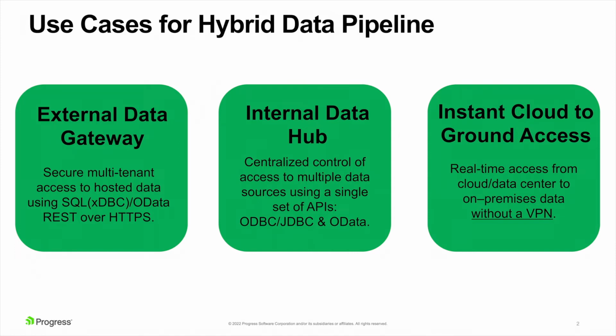Sure. The nice thing with the on-premises connector is it uses outbound SSL to reach back out to the Hybrid Data Pipeline instance that's been installed in the cloud or wherever you've chosen to install it. And it doesn't allow access to other things on the network. A VPN is traditionally more of a network connection, where you might be able not only to connect to different data sources, but also to move files and other things through that.